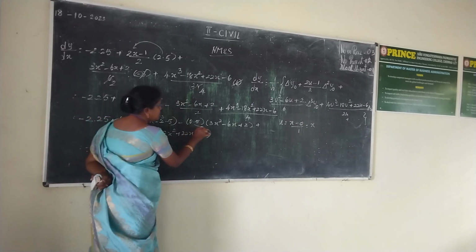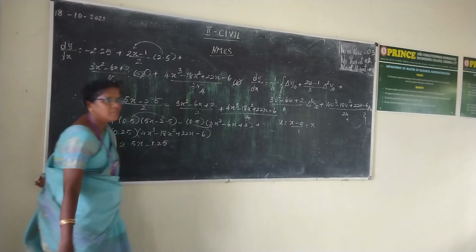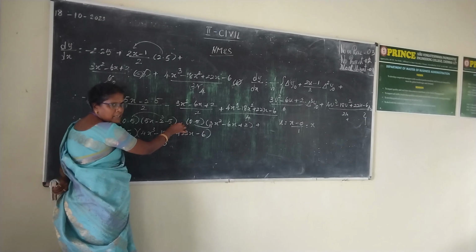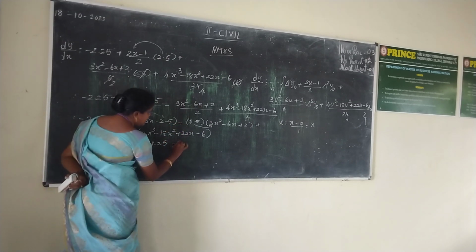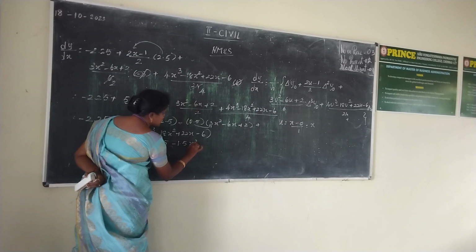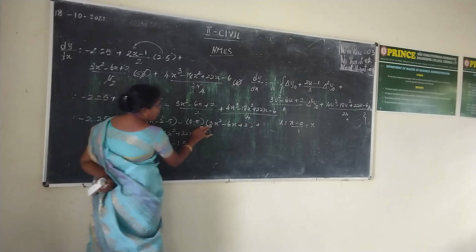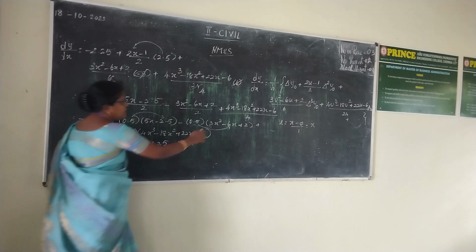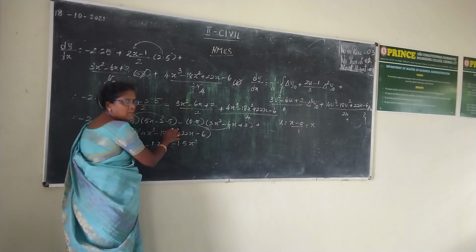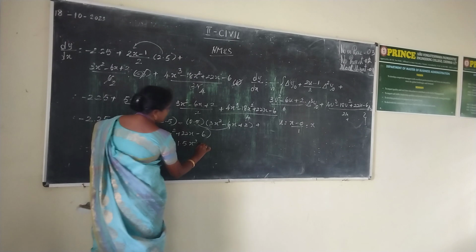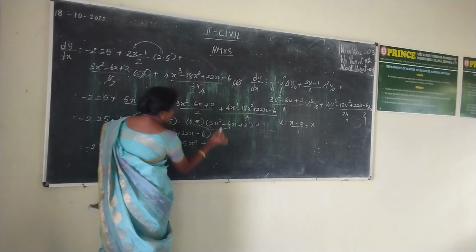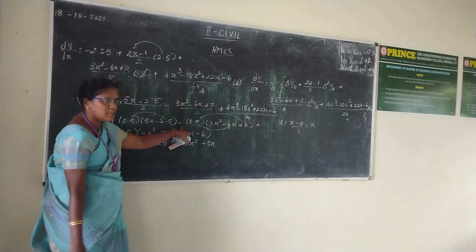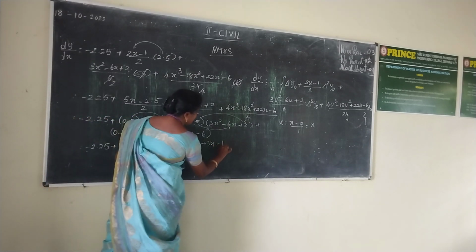Now multiply 0.5 into 3. 1.5. Outside there is one negative sign, so take that to be minus 1.5x square. Now 0.5 into 6. 3. Here there is one negative sign and this negative sign will give you plus. So you get it as plus 3x. Now 0.5 into 2. 1. There is one negative sign, so you get it as minus 1.